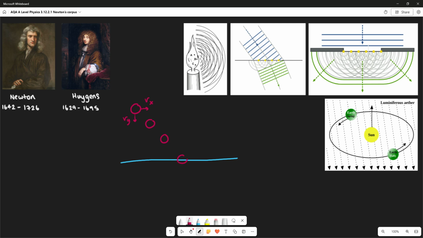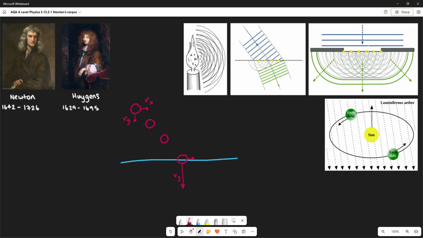When a corpuscle meets that barrier, and this material is, say, glass, and the material above is something like air, he proposed that the corpuscles would travel faster in a more dense material. And it does that by experiencing a force dragging it into the material. And what that force effectively does is increase the velocity in this direction.